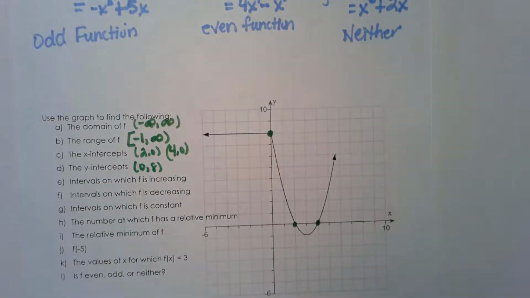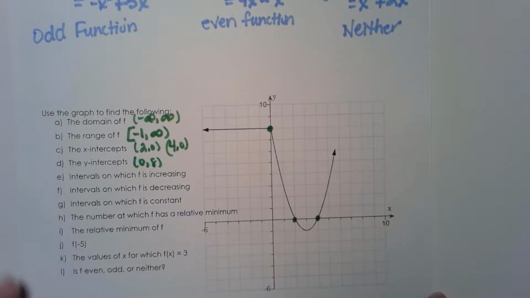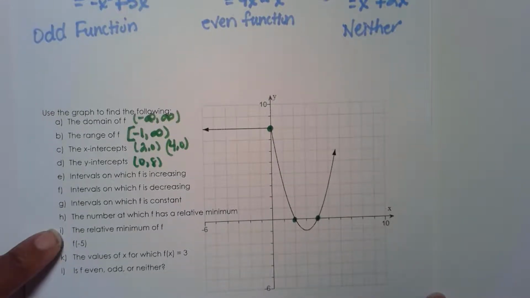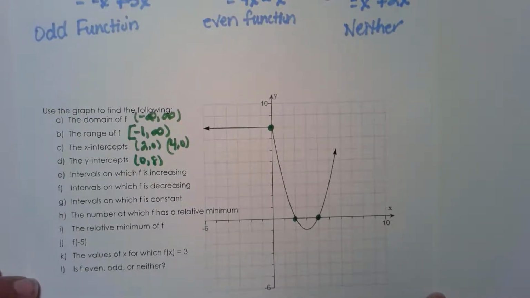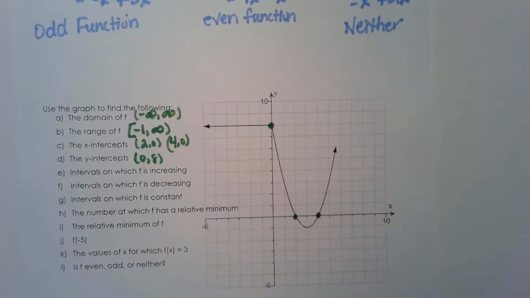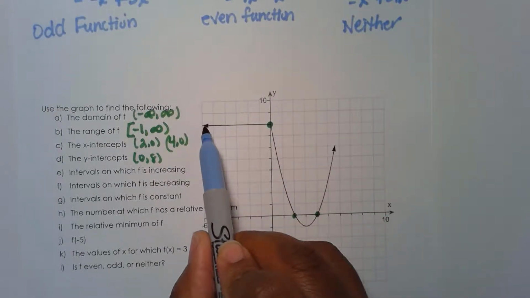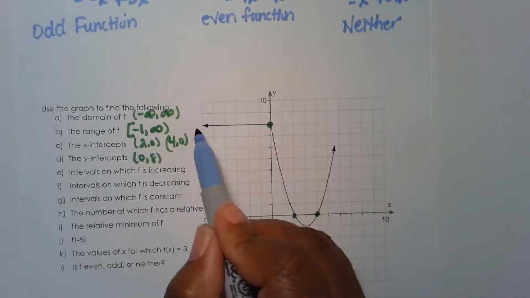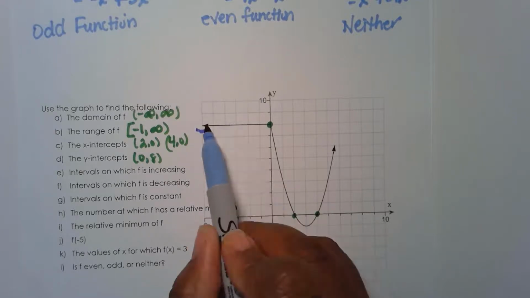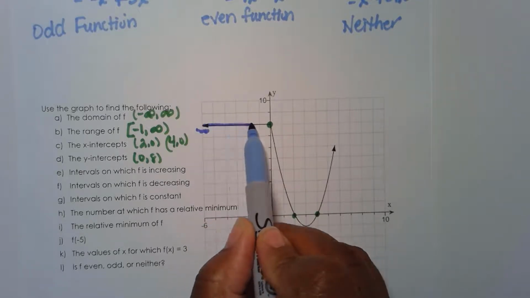All right, so E, F, and G is asking where does it increase, decrease, or where is it constant? So let's go from left to right. Starting from negative infinity, notice that this is constant.